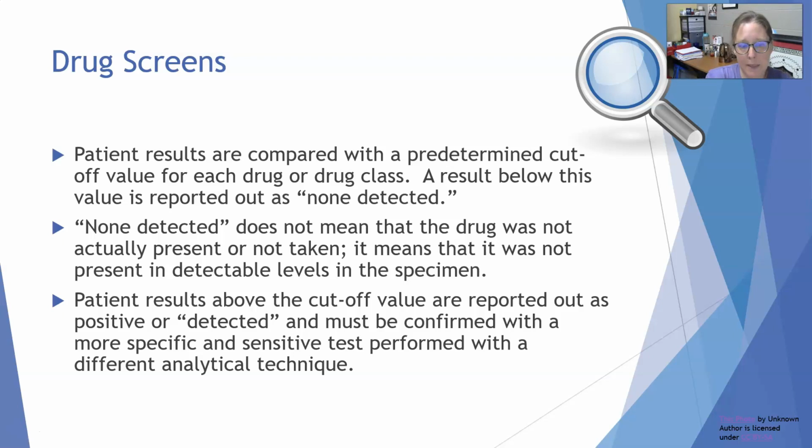Patient results that are above the cutoff value are reported as positive or detected. And again, especially if there's legal ramification, these need to be confirmed with a more specific and sensitive test, which is usually done with a different, more precise analytical technique. But if it's a medical screen and there's no legal ramification, a lot of times the screening is enough, especially if it fits with the clinical picture.